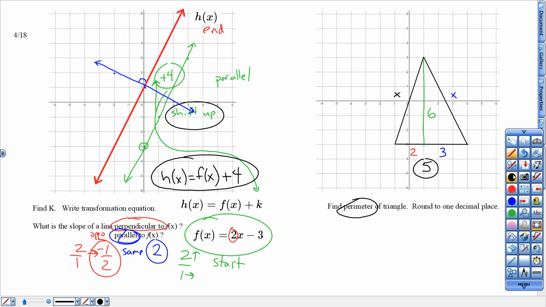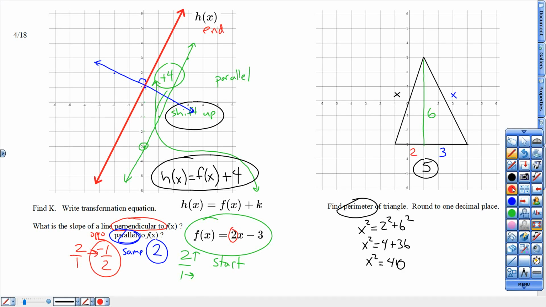All right, so to find that black one, x squared equals 2 squared plus 6 squared. X squared equals 4 plus 36. X squared equals 40. So if I square root 40, let's write that 40 right there.